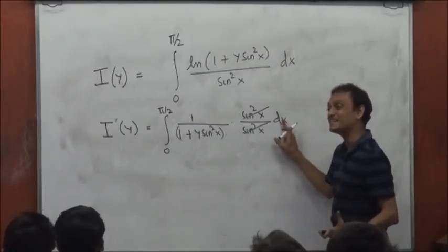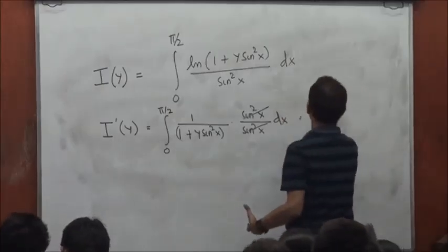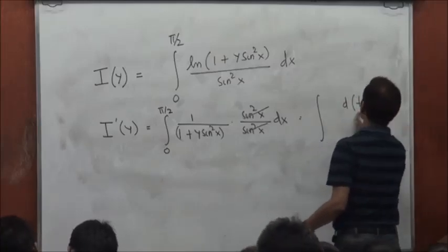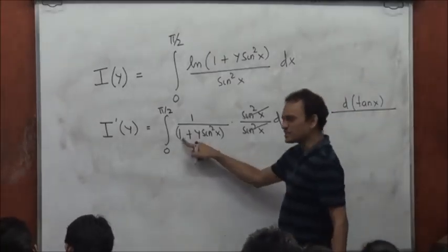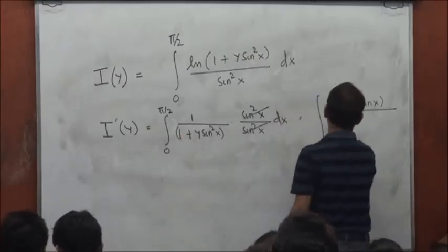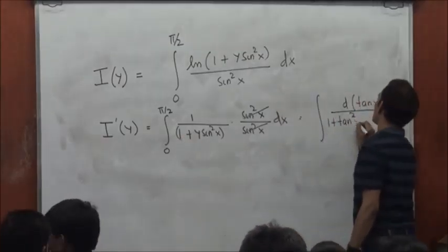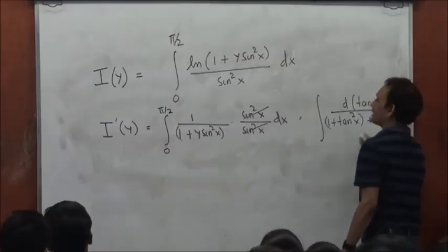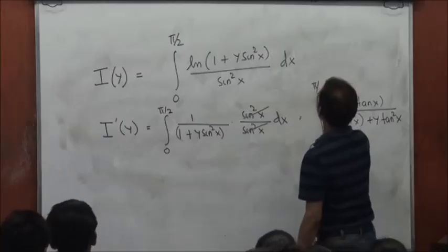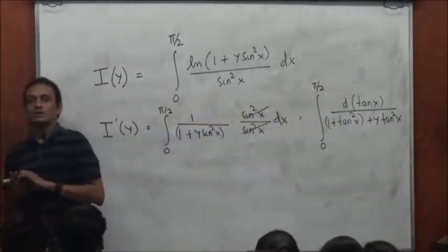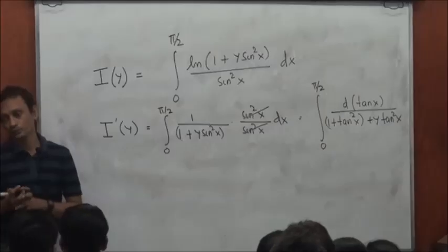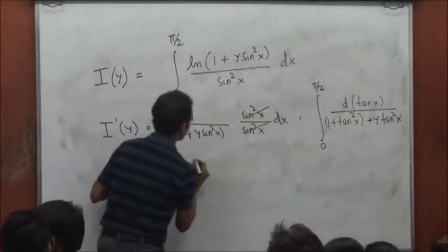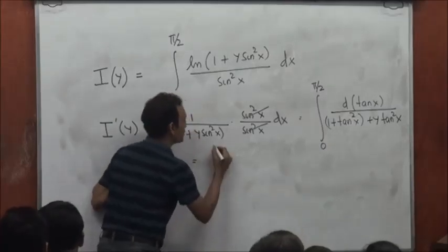Then sec squared x dx is d of tan x, and then sec squared x I write as 1 plus tan squared x, in the denominator 1 plus tan squared x plus y tan squared x. x changes from 0 to pi by 2. Right?